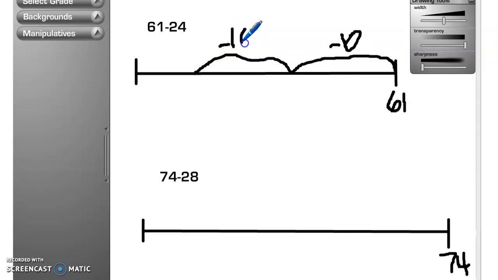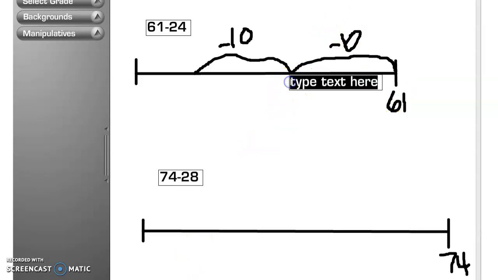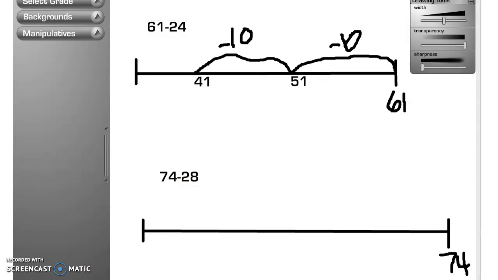So far we have minus 10 and minus 10. So 61 minus 10 is 51. Then 51 minus 10 would be 41. And now we need to subtract that 4 because we have that left over.